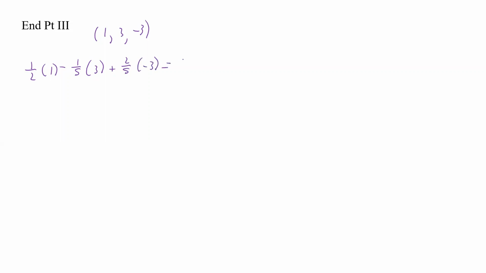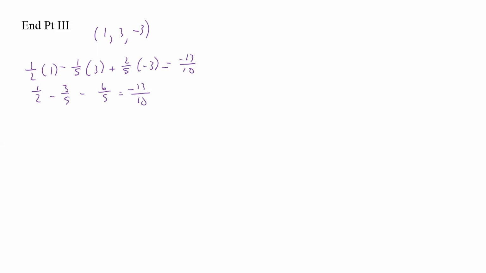And that's supposed to be equal to a negative 13 over 10. So here we have 1/2 minus 3/5 and then minus 6/5 equals minus 13 over 10.